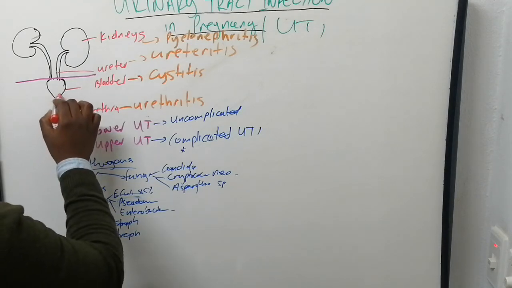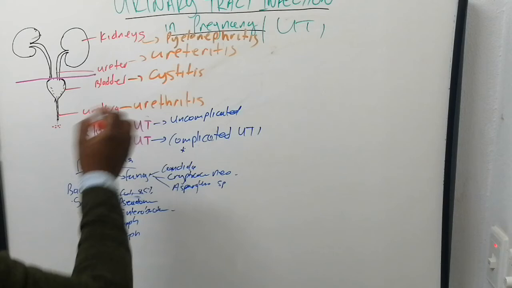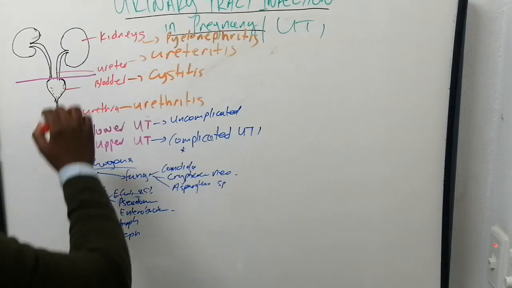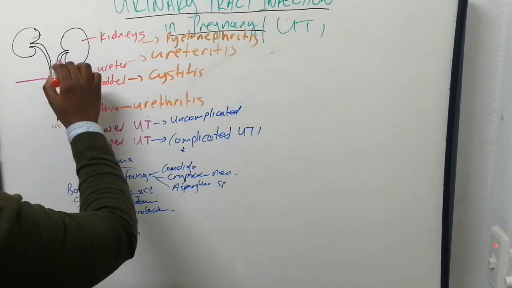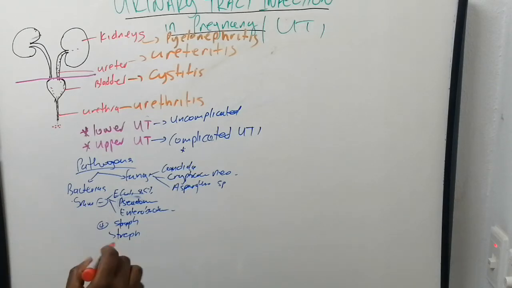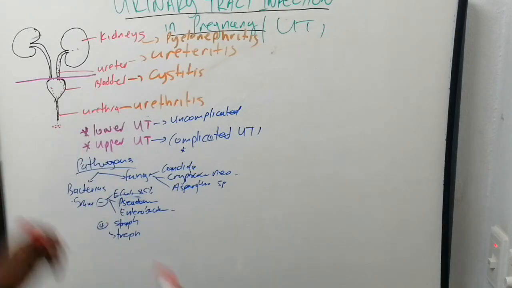If they continue to go up, they get into the bladder and cause cystitis. If they are allowed to go up, they'll go up the ureters to the kidneys and cause pyelonephritis, right?